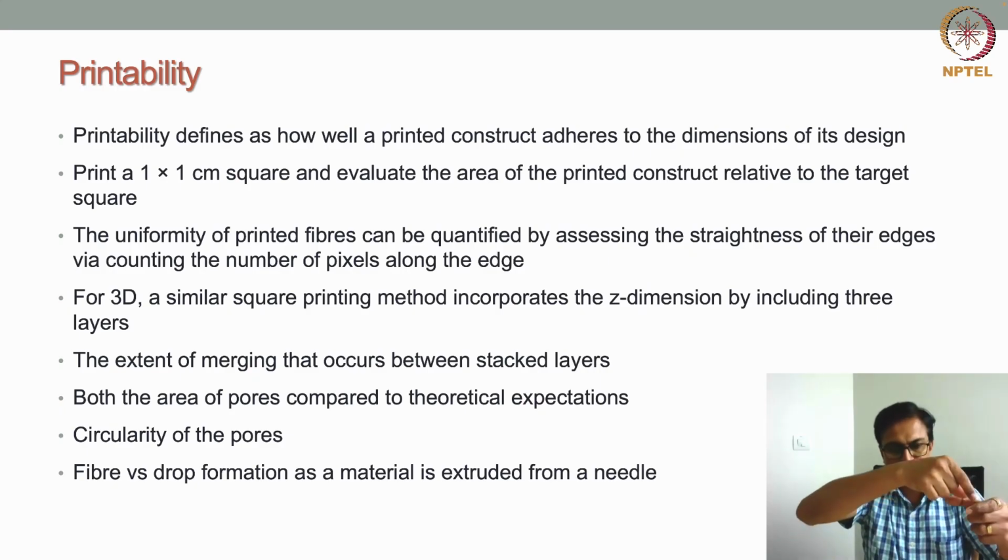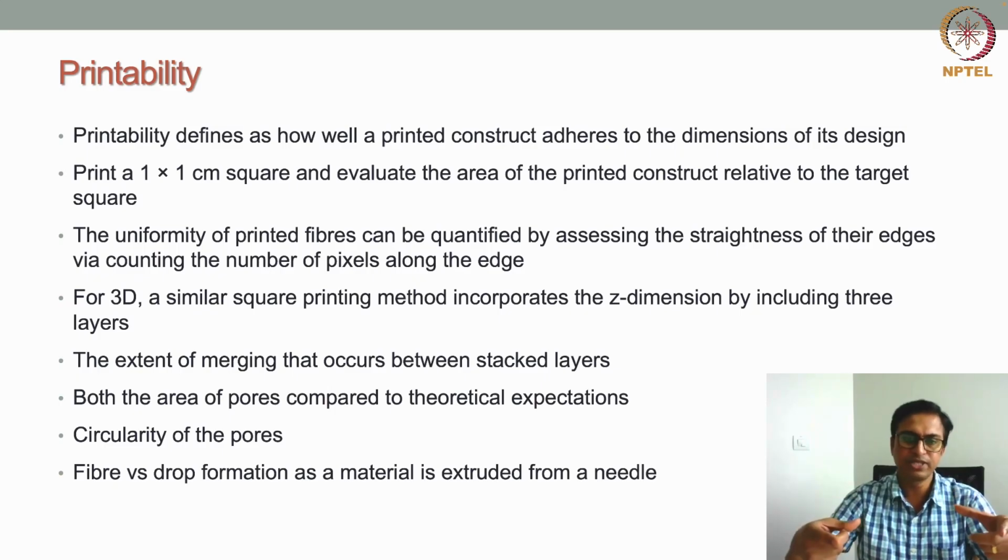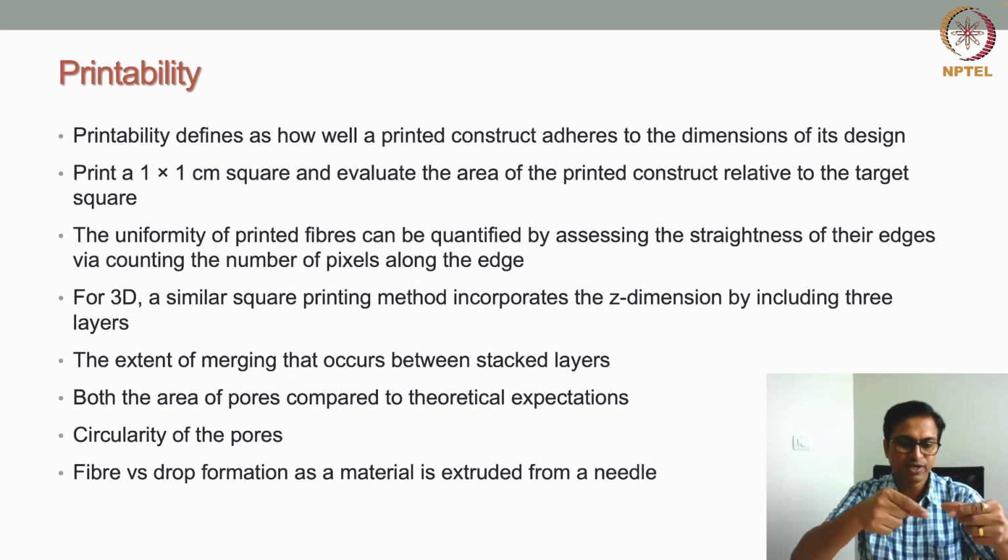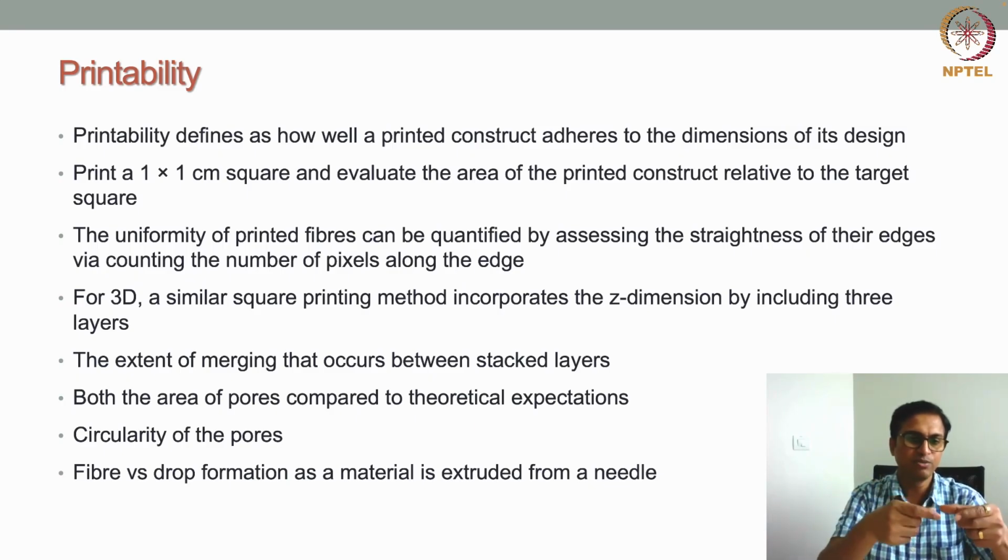That means we image the printed line first, and then divide the line into pixels, and we can count along the fiber how many pixels it occupies along the length.